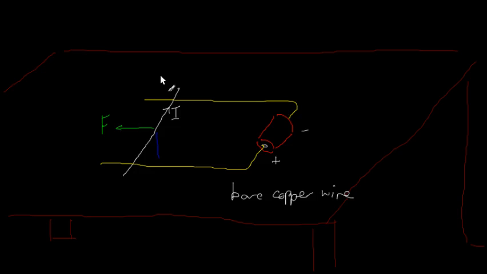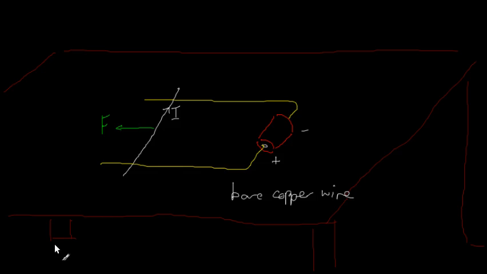Now, imagine what would happen if I put my north pole here. I put my magnet there instead, so that the magnetic field is along the direction of the wire. Or it could be the opposite direction, it doesn't really matter.